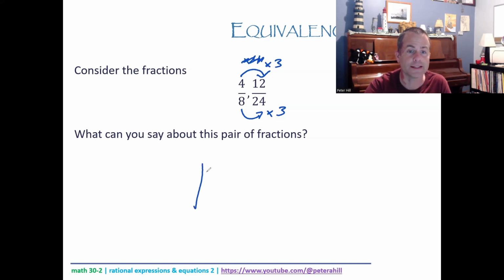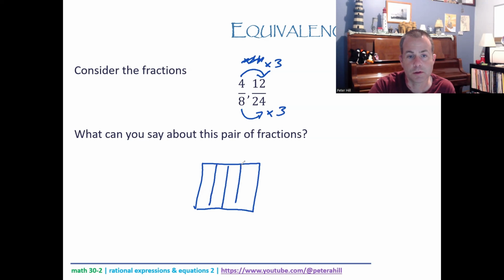Now, visually, why is that? Essentially, it's like this, okay? So that's kind of 8 pieces, and I'm going to take 4 of them, okay? If I wanted to switch that into something over 12, essentially what I could do is take this exact same picture, and what's the easiest way to divide this into 12?